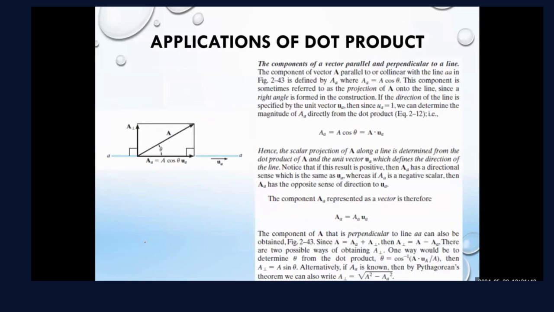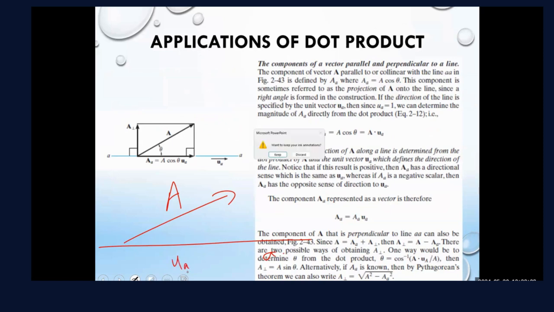Now, students, one very important thing, and sometimes it's very useful for the numericals. Think that there is a vector A like this, and there is any line, any axis, passing like this. And think that for this axis you know the unit vector somehow, maybe using positions, maybe using something else.